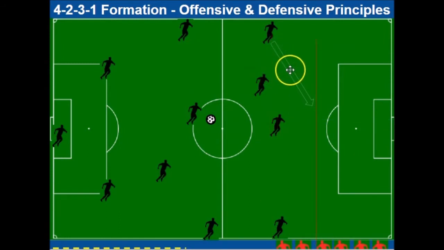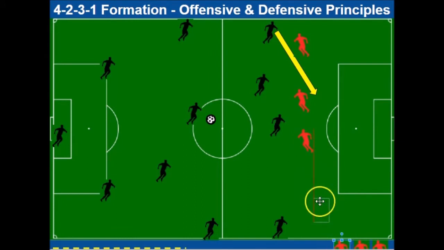So this player here, as soon as this player receives it, they should be looking to make diagonal runs between the lines. When we say between the lines, we mean, most likely the opposition is going to play with a back four. We should have that movement where these players are providing something for the ball carrier.